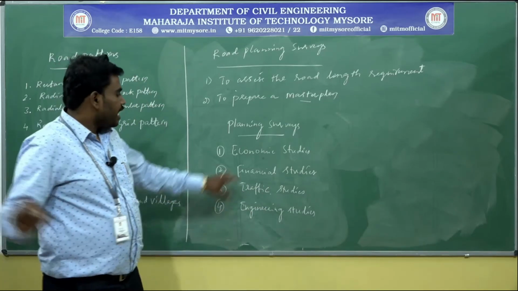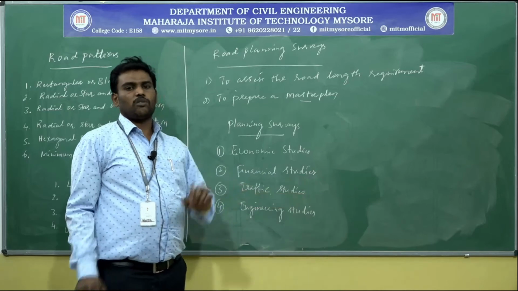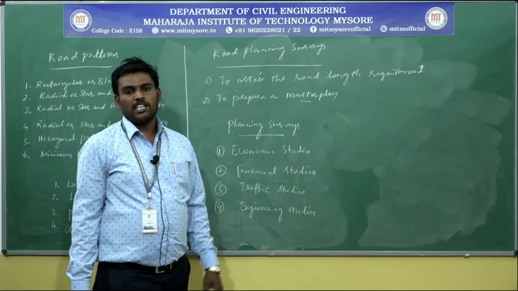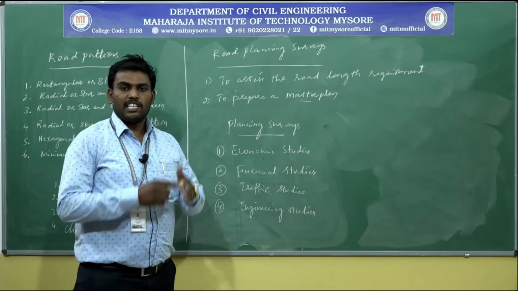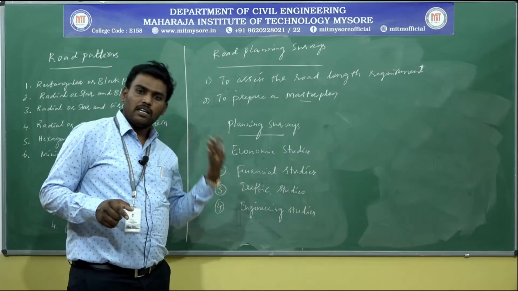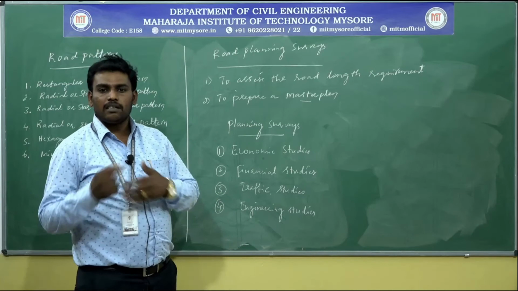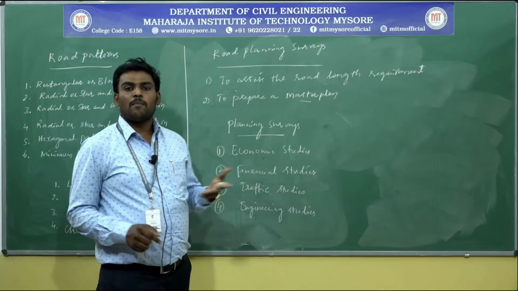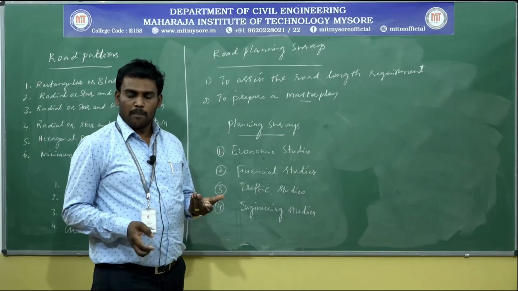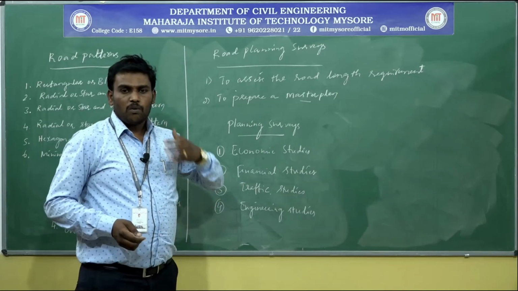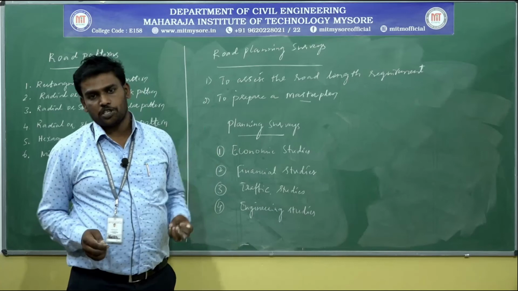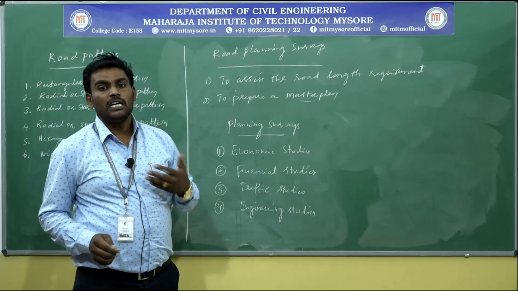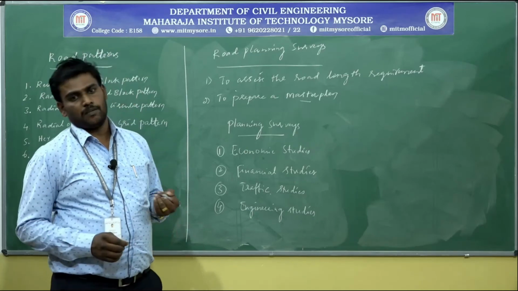Then in the economic studies, what details need to be collected? The first one is the population details, the distribution of population along the towns, villages and other sector centers. Then the trend of population growth, then the present agricultural practices, and the possible future improvements in agricultural production.